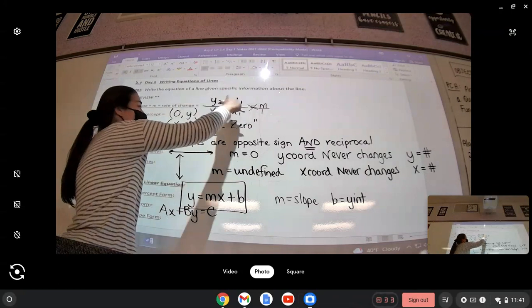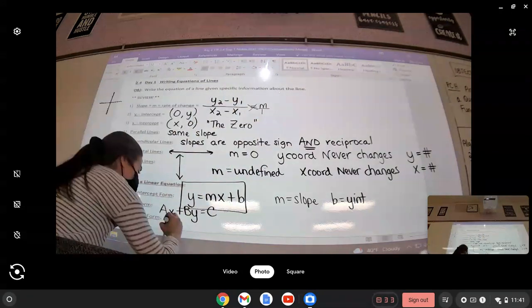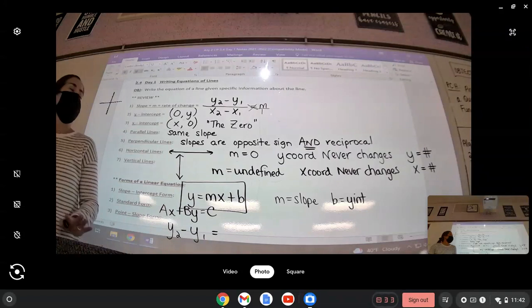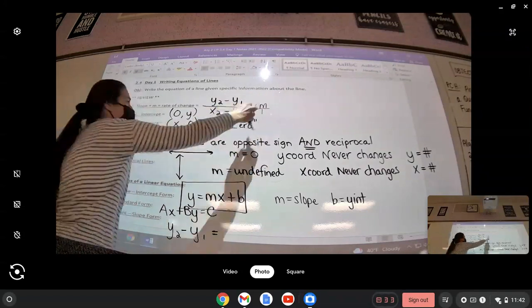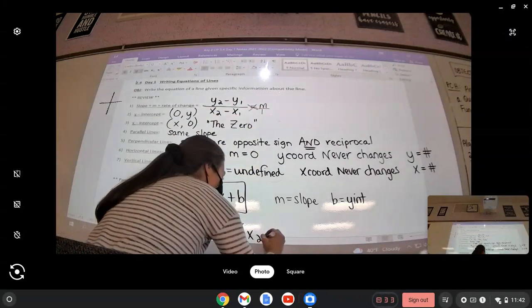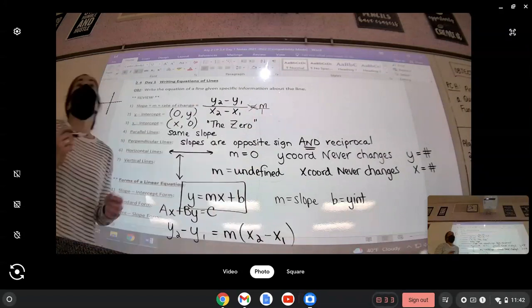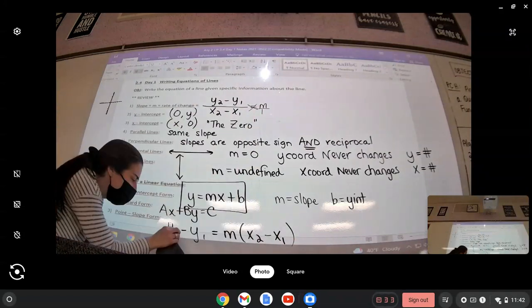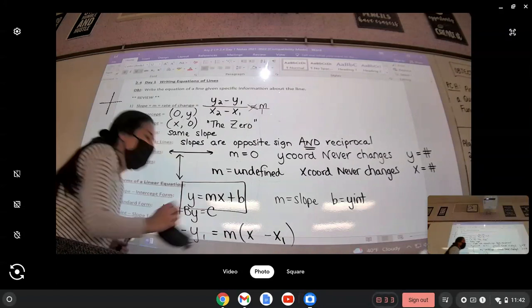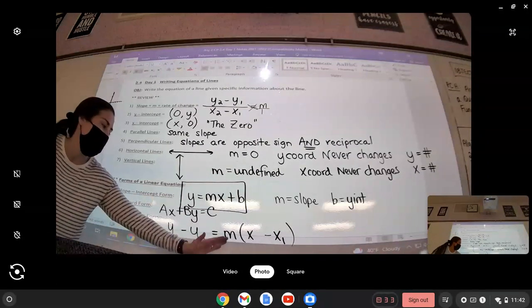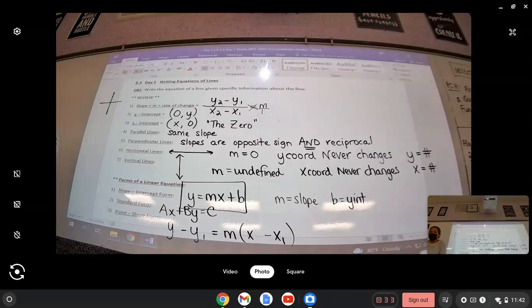All right, you're going to do this times that, and you're going to get y2 minus y1 equals, do not write this down. And then you're going to cross multiply, and you're going to get m times this, which is that. The only difference is we just, in the actual formula, take out this subscript. And the point slope formula gets known as y minus y1 equals m times x minus x1.